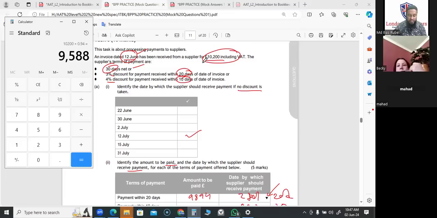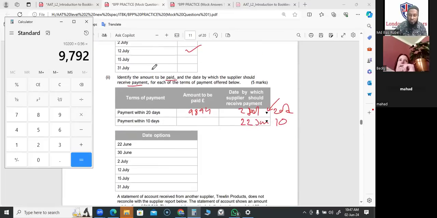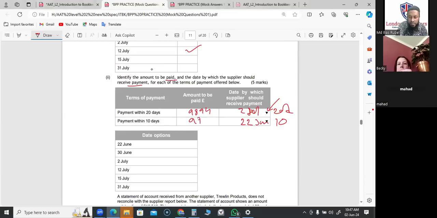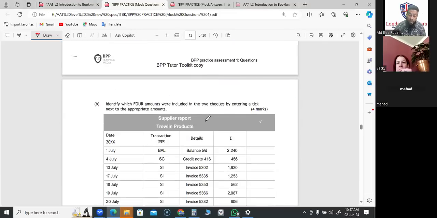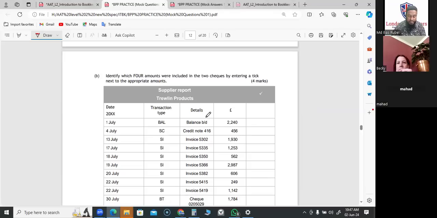Oh, not 0.94, my bad. 10,200 times by 0.96, isn't it? I did 0.94. So 9792. We'll check the answer. That is the calculation.